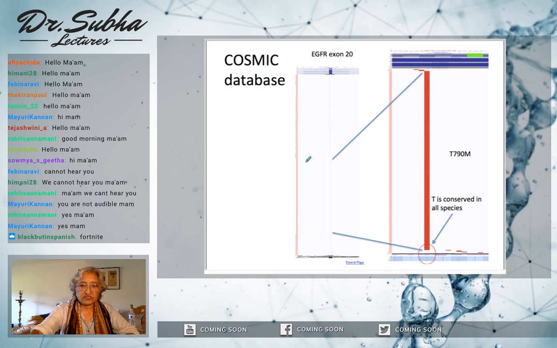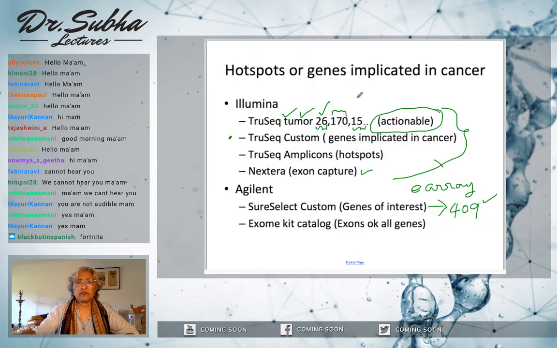Let me go back to the coverage thing which I did not mention. If I'm interrogating the whole genome and I sequence 30 GB of data, which is one lane of the HiSeq 2500 we have upstairs, I told them to sequence one lane because that's all I can afford.